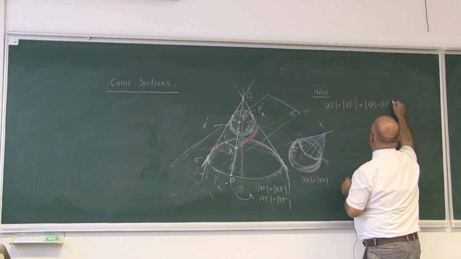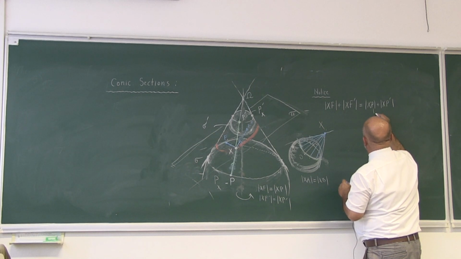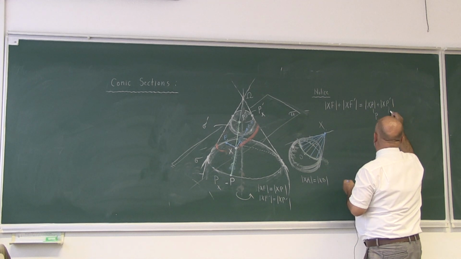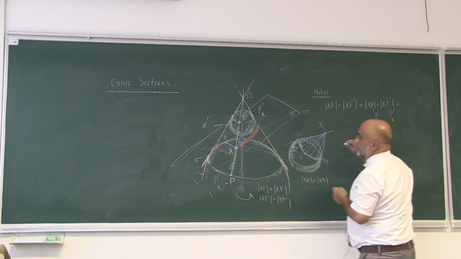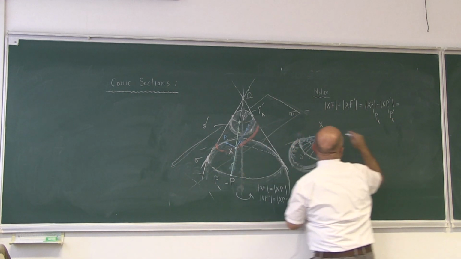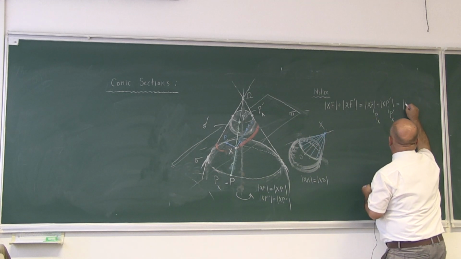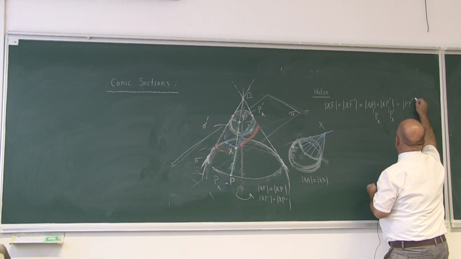Of course, this P depends upon the choice of X, obviously. P prime does depend on the choice of X as well. Yet XP plus XP prime is in fact the length PP prime.